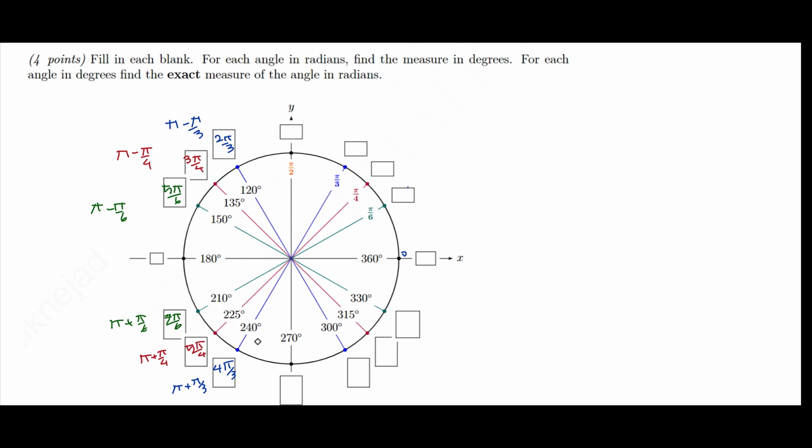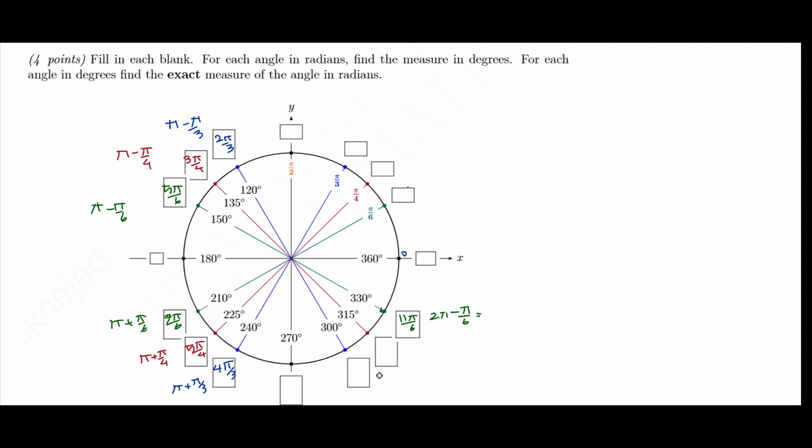And when you go to the fourth quadrant, basically everything turns out to be 2 pi minus, because the coterminal angle for this point is going to be equal to negative pi sixth. And because I want all the angles to be between 0 and 2 pi, I have to add 2 pi to that. And that gives me 11 pi sixth.